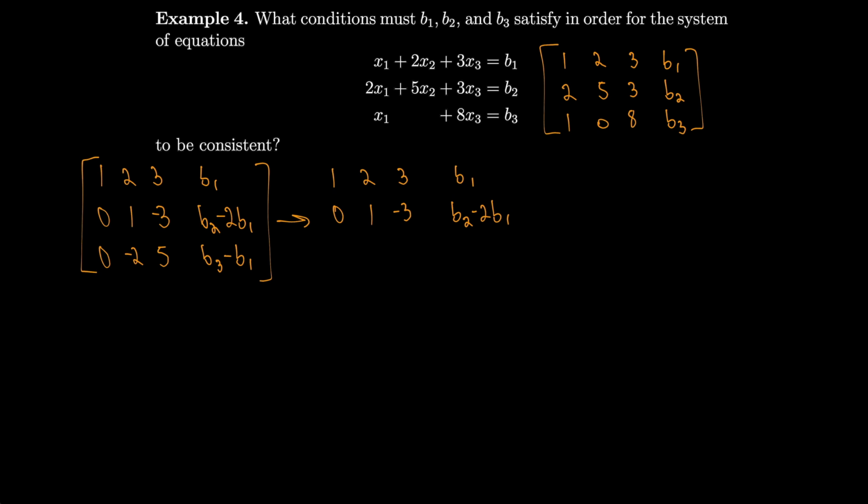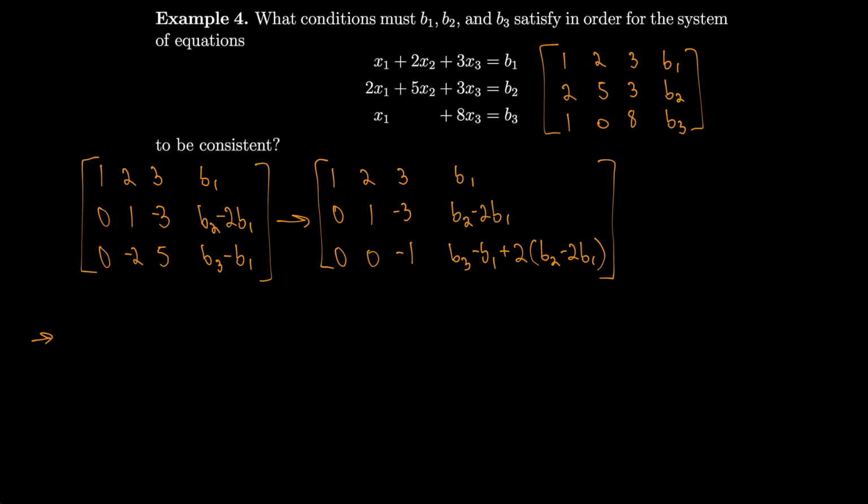As for my third row, though, I'll have to add 2 of these guys. So I'll get 0, 0, minus 1. I'll keep B3 minus B1, but I'll add 2 of this. So that's B2 minus 2B1. We have to be kind of careful with the constants when we don't know what they are, to keep track of them.